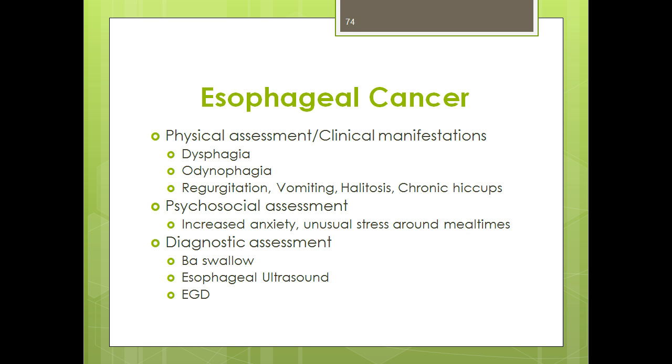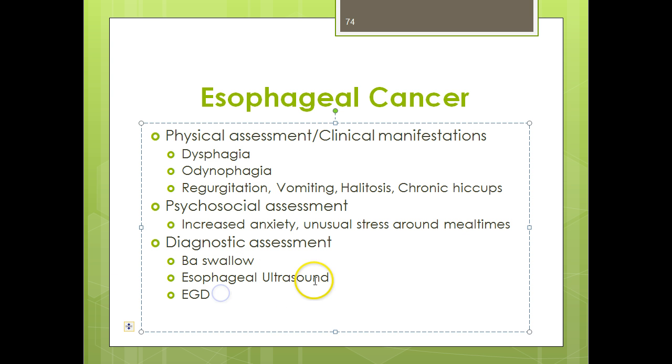You want to look at dysphagia, odynophagia, regurgitation, vomiting, whether or not the person has halitosis or chronic hiccups. Usually, a person has increased anxiety, usually around meal times because meal times are not a good time for them. So you may see some extensive weight loss.